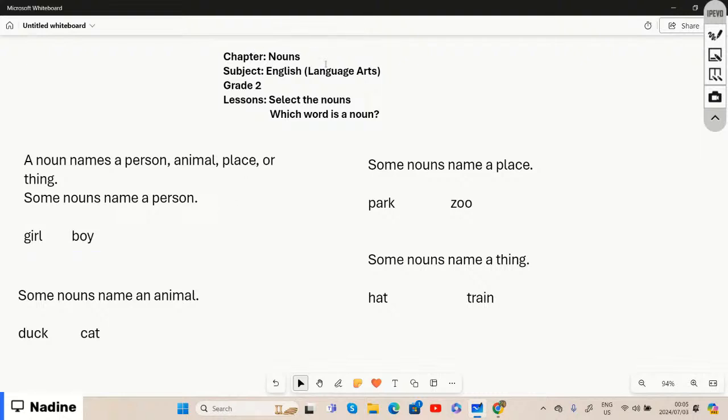And in the lessons that we are going to be focusing on is to select the nouns and as well as which word is a noun.